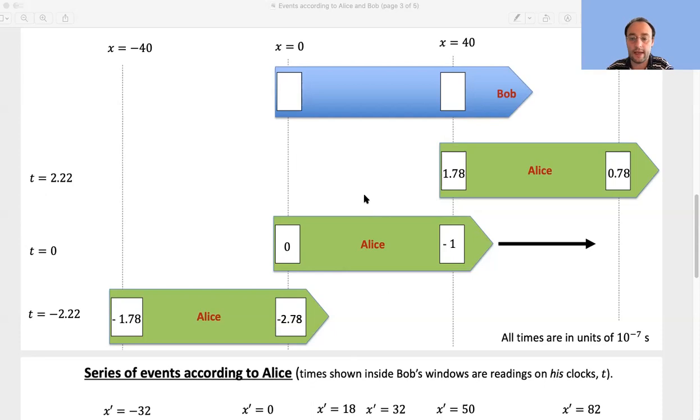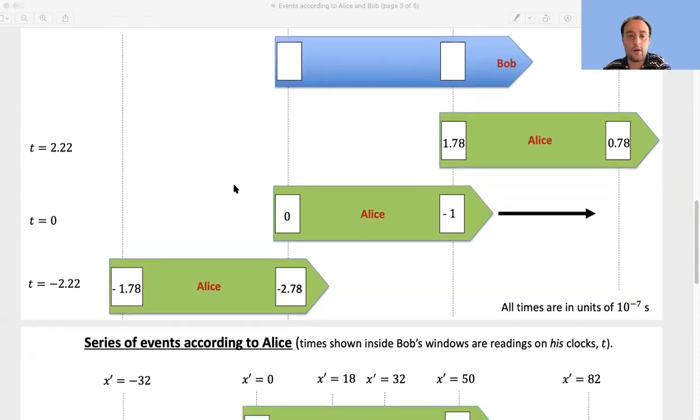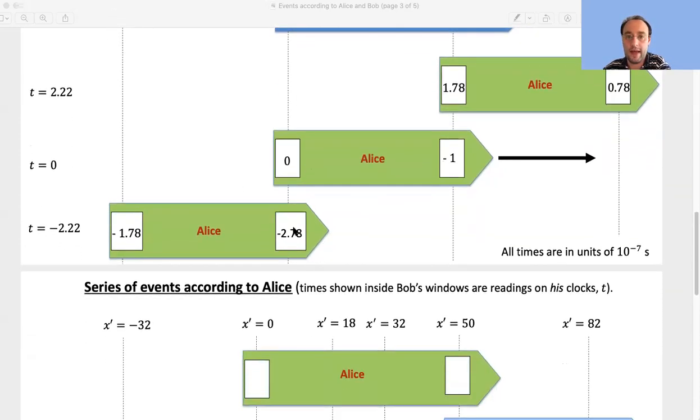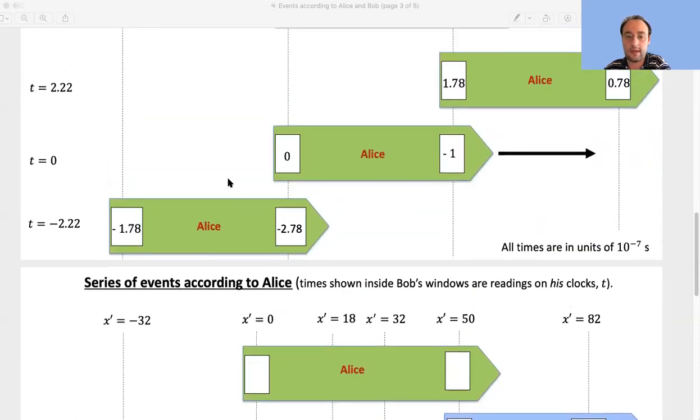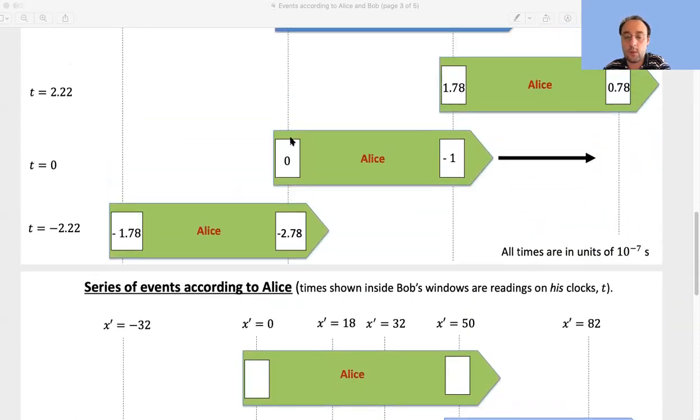So for example, we can see that when her front clock passed by his back, it read minus 0.278 microseconds, or minus 2.78, actually minus 10. And then later, when her back clock passed by his back window, it read 0 microseconds. So all the while, his clocks went from minus 0.222 microseconds to 0.